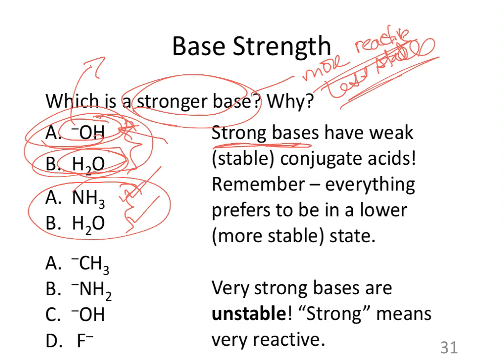But if they're both neutral like this, and you have to determine which one's stronger, now your intuition might be telling you correctly, because I've drilled it in, that nitrogen-containing compounds are typically bases. And then we know that water is neutral. So NH3 is the stronger base.